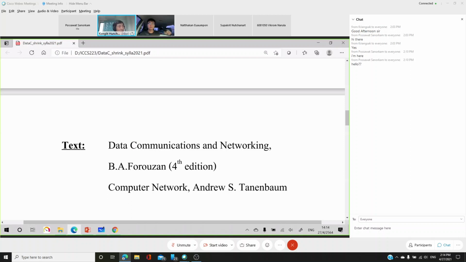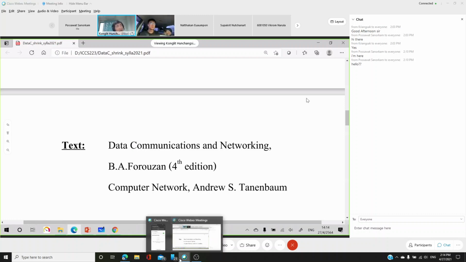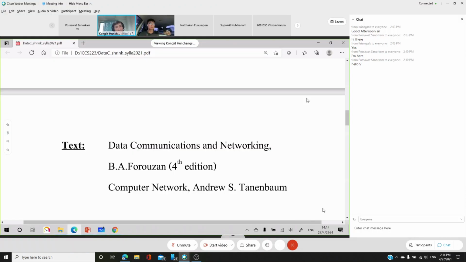The text is actually not really required. I follow this book, Foundations of Data Communication and Networks, but I have to say I don't follow the whole text. So use my PowerPoint slides as the main guideline, and you may have to take notes during lecture.